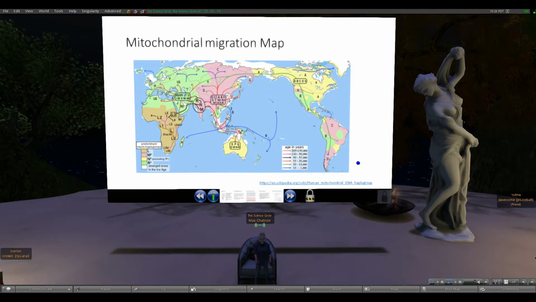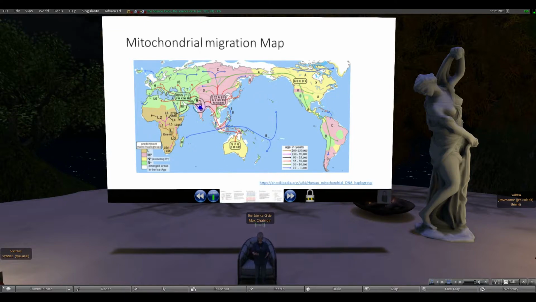One of the things that mitochondrial DNA is useful for is tracking migration pathways. And this shows the migration of L3 out of Africa. Here's the N and M subgroups, N giving rise to R giving rise to a bunch of others, N giving rise to a bunch of others, M giving rise to a bunch of others.